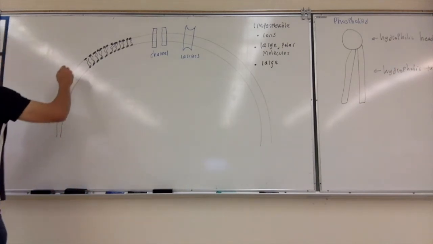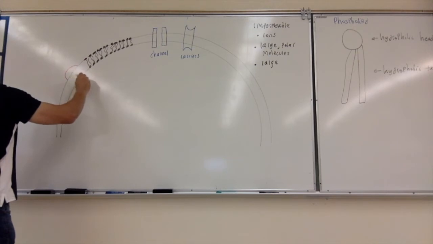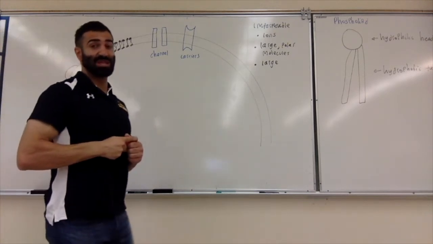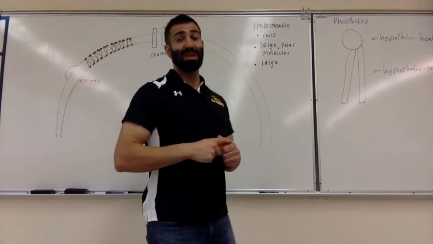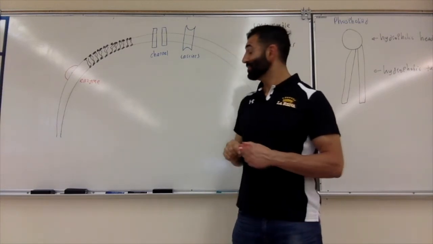So I'm just going to draw an example here. This here will be an enzyme. As I said, we'll go over specific examples as the semester progresses, but enzymes are responsible for catalyzing chemical reactions.